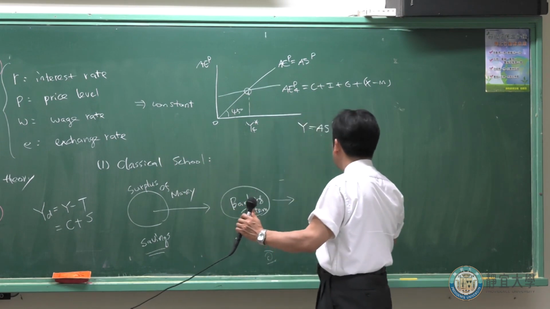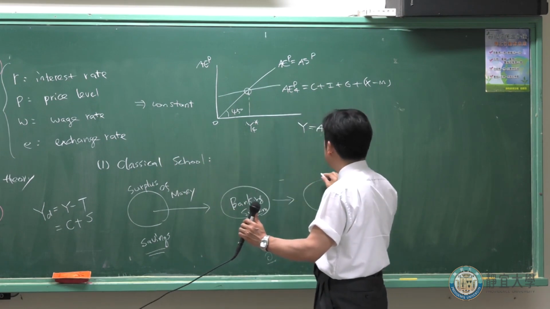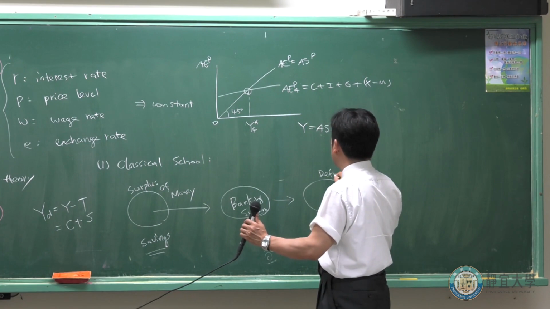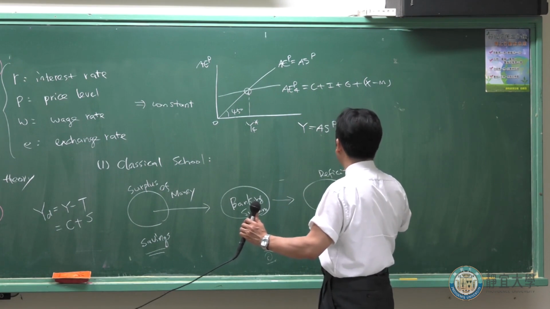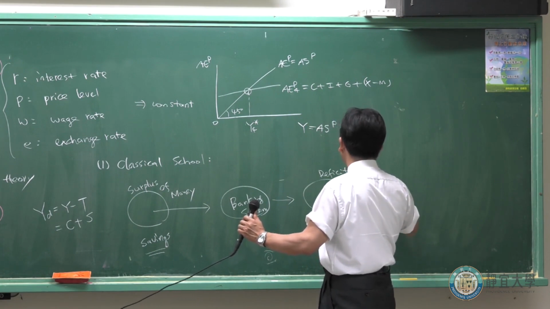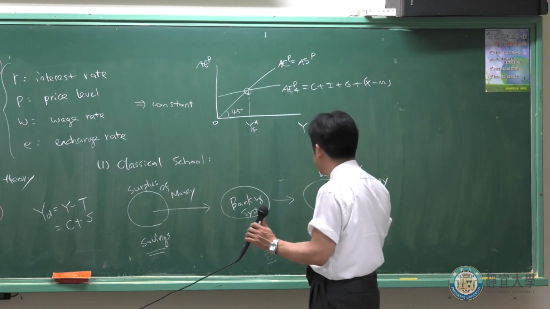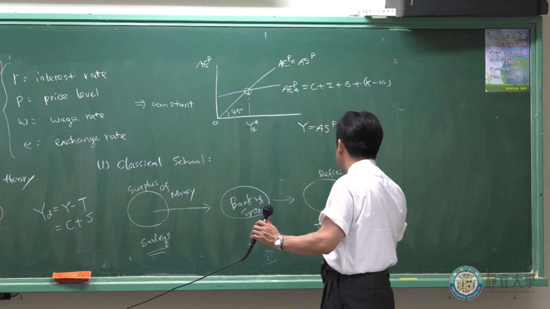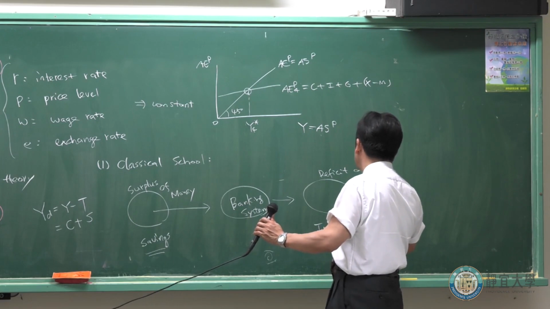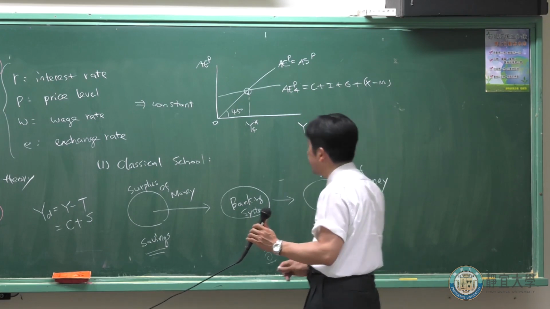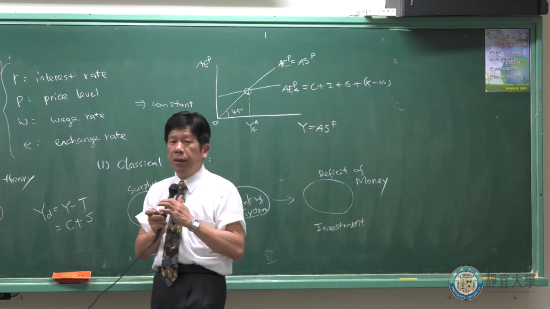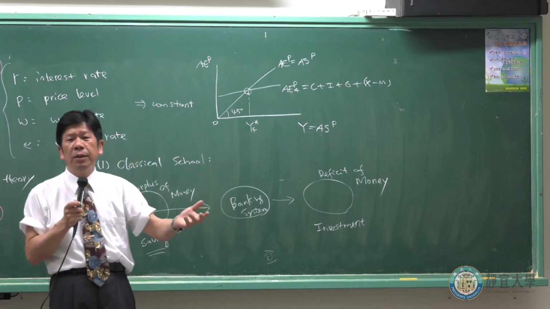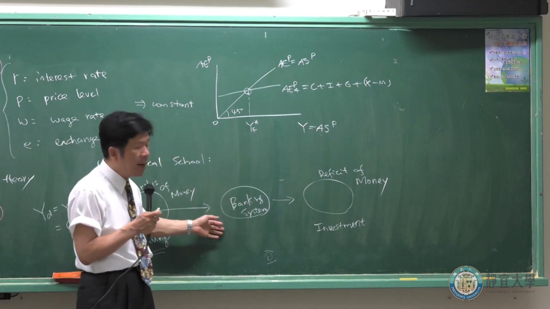Maybe this is the deficit of money, or in particular someone wants to do some investment. Someone wants to do some business, but he has no money, so he needs to borrow money from the bank.